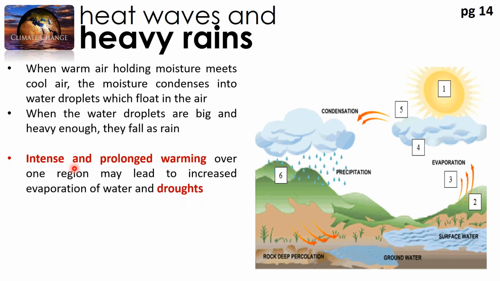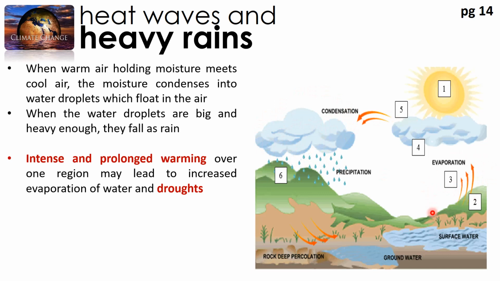Okay, but intense and prolonged warming over one region may lead to increased evaporation of water and droughts. So let's say there's intense warming in this area, leading to an increase of evaporation of water in this area. A lot of water evaporates, and then it will be carried away by the currents to move to another location.